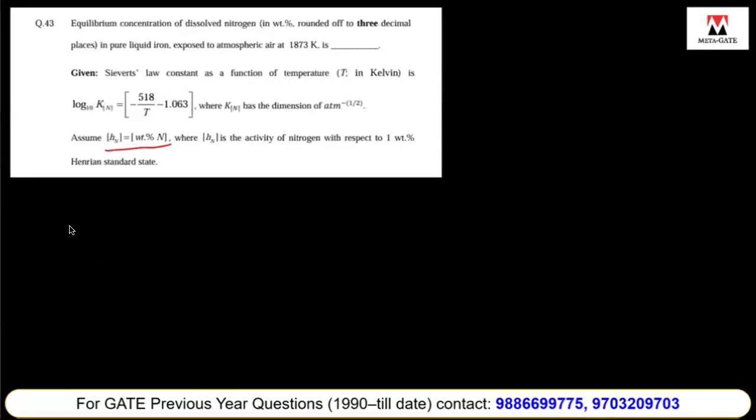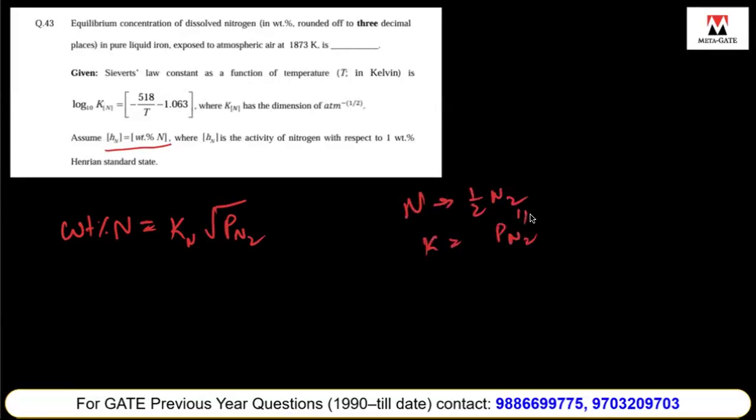According to Sievert's law, we know weight percentage of N is equal to Kn, the Sievert's constant, into root over P N2. We know N gives rise to half N2 and K is equal to weight percentage of N by P N2 to the power 1 by 2. So from this you get Sievert's law.